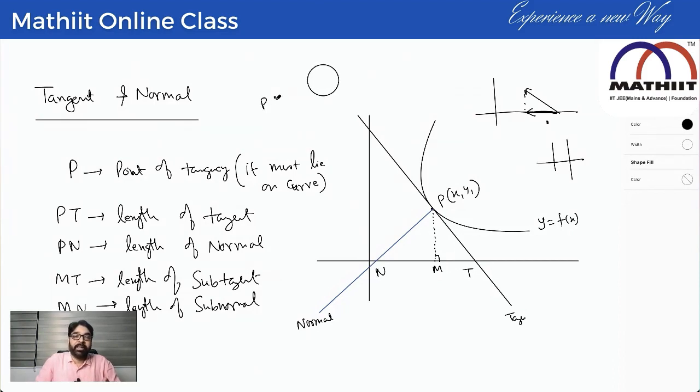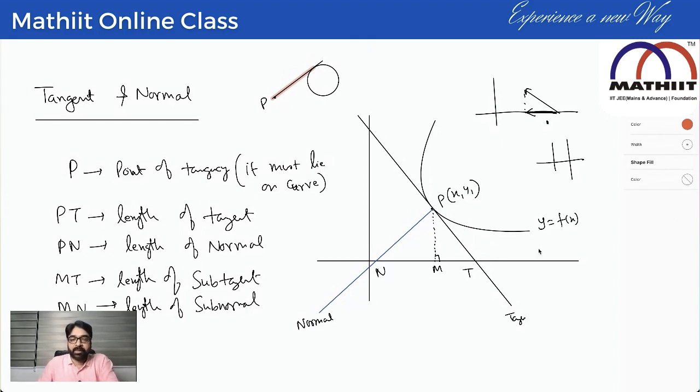Suppose this is the point P. If you draw a tangent from point P to this circle, this length used to be called the length of tangent. Here it is nothing like that. The definition of length of tangent is the distance from the point of tangency to the point where the tangent intersects the x-axis.